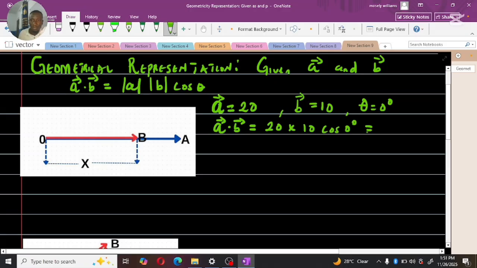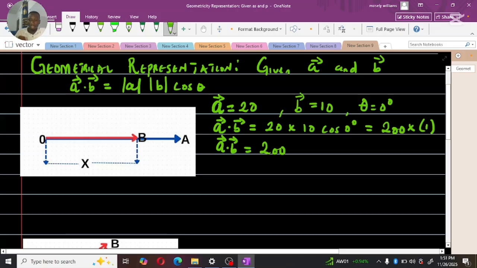So 20 times 10 is 200, times cos 0 degree, which is 1. So A dot B is equal to 200 here.